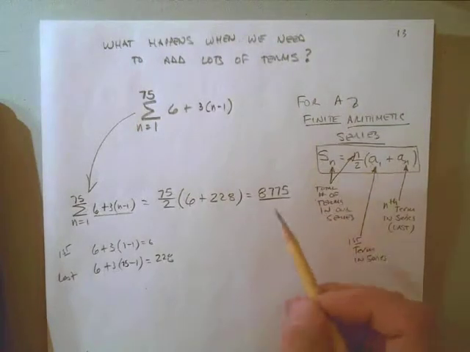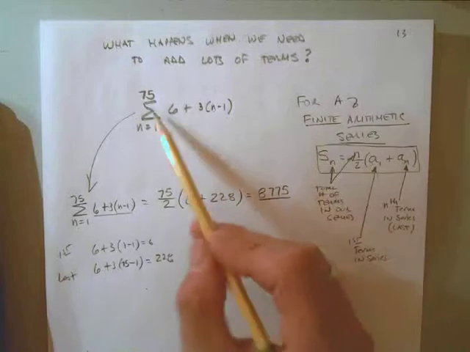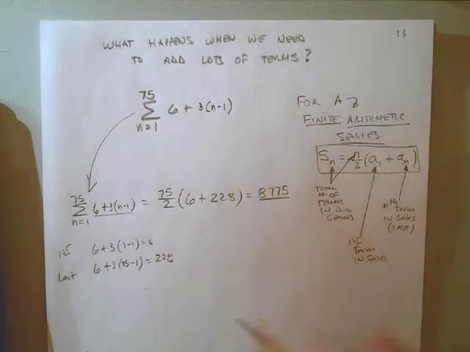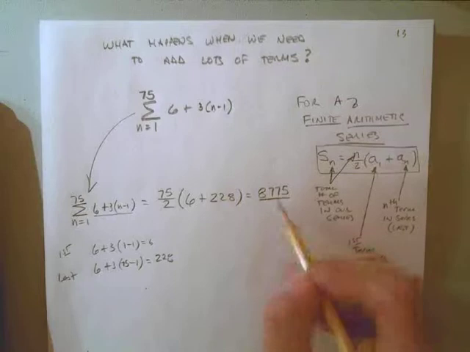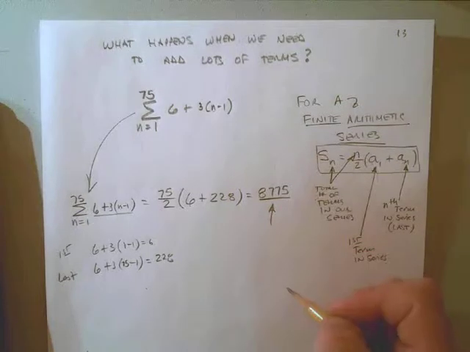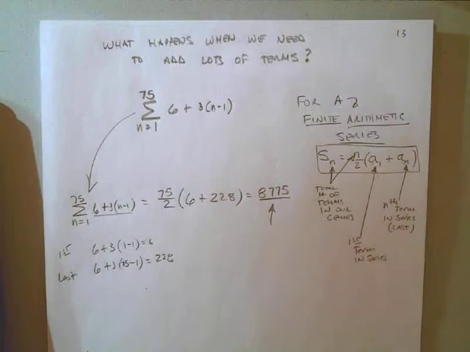So that is the sum of all 75 of these terms added together. Now, you're going to have to trust me that this is right, unless we do a little test with a shorter sequence, or a shorter series. And I think we can do that.